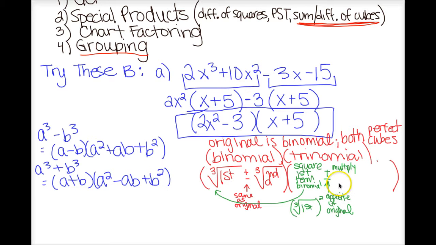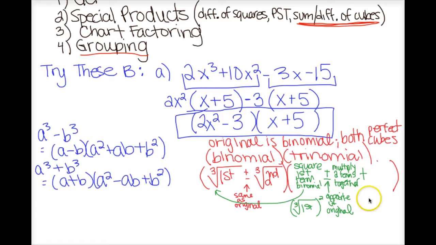That was the same thing in PSTs. Multiply the two terms of your binomial together. So you can see in these cases, a times b is ab. Again, you don't have to worry about the sign because you already wrote it. It's the opposite of whatever was here.